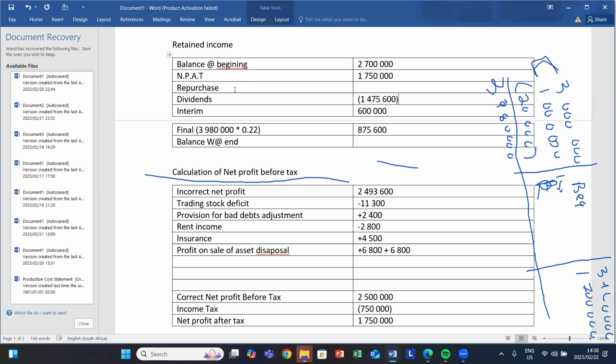Because I know that for repurchase I took the 1,700,000 plus the one on top. Which amounts to how much? Plus the one on top. Yes, that one. And divide by how much?